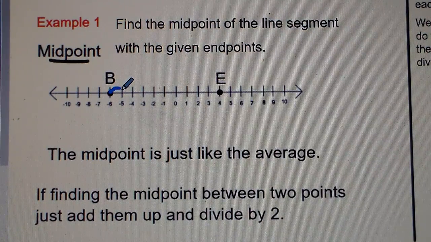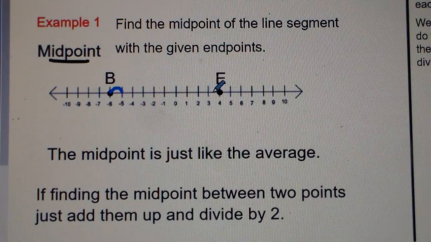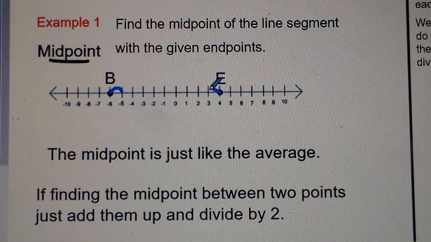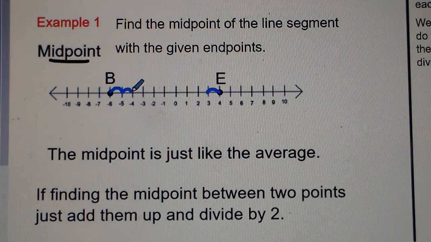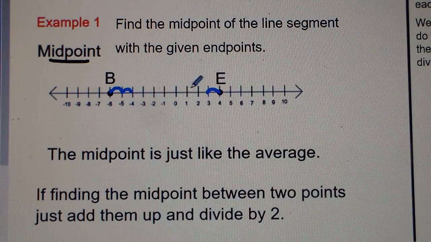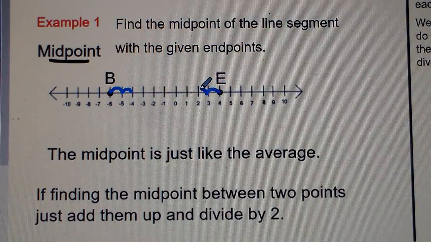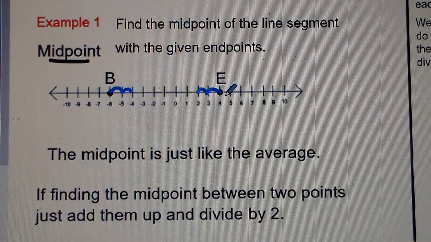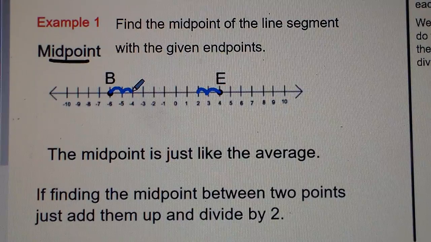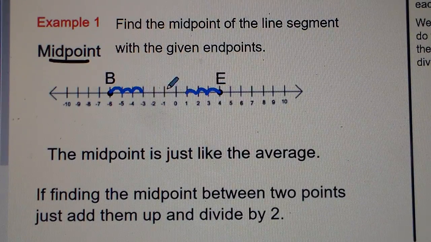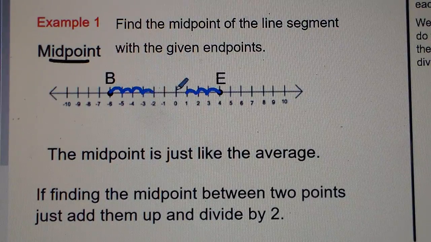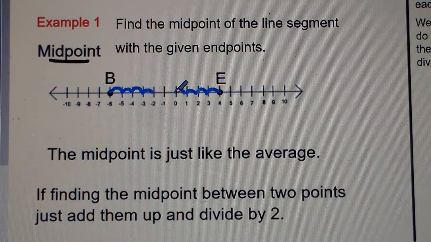So -6, if you go 1 to the right, it's -5. From E, if you go 1 to the left, it's at 3. If we go 1 more to the right, we're at -4 from B. And then 1 more to the left from E is at 2. Go 1 more there, and 1 more here, then 1 more there, and 1 more here.